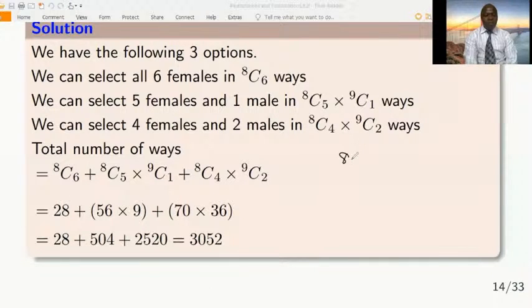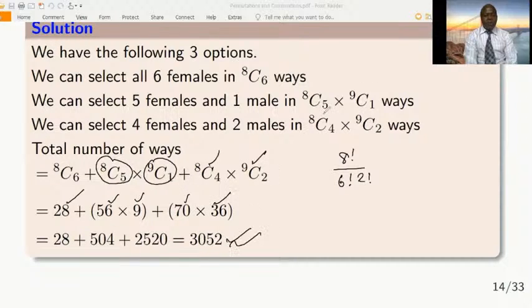But if you don't want, you just do it as 8 factorial over 6 factorial 2 factorial, and you get 28. And this one you do it, get 70. This one do it, get 36, multiply, and come up with this result. That one you can do it.